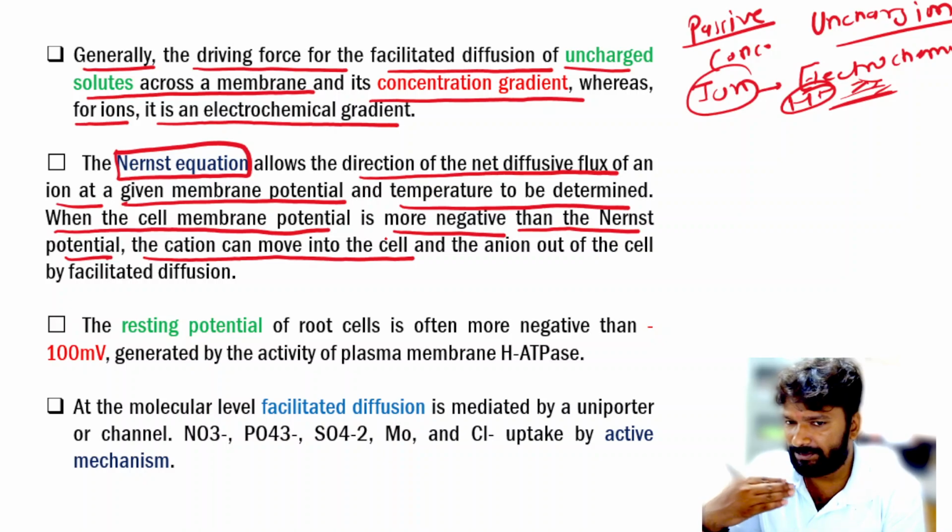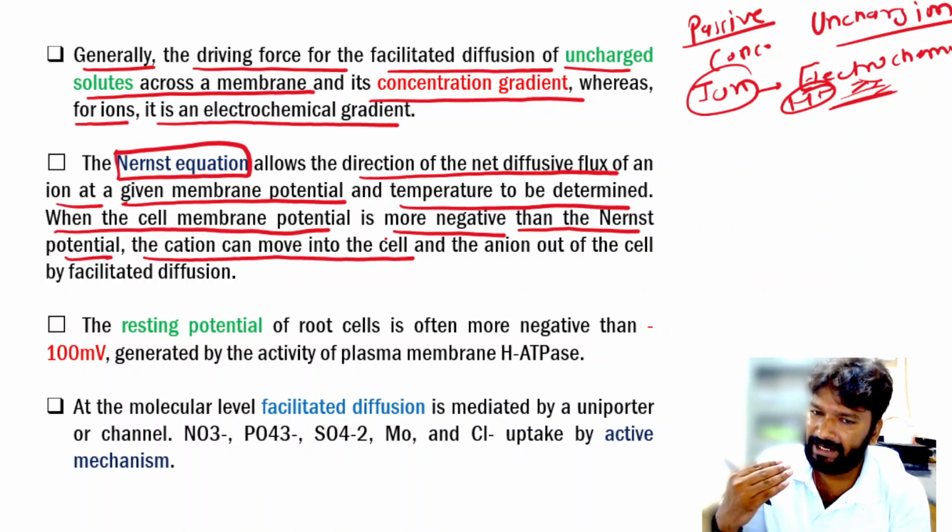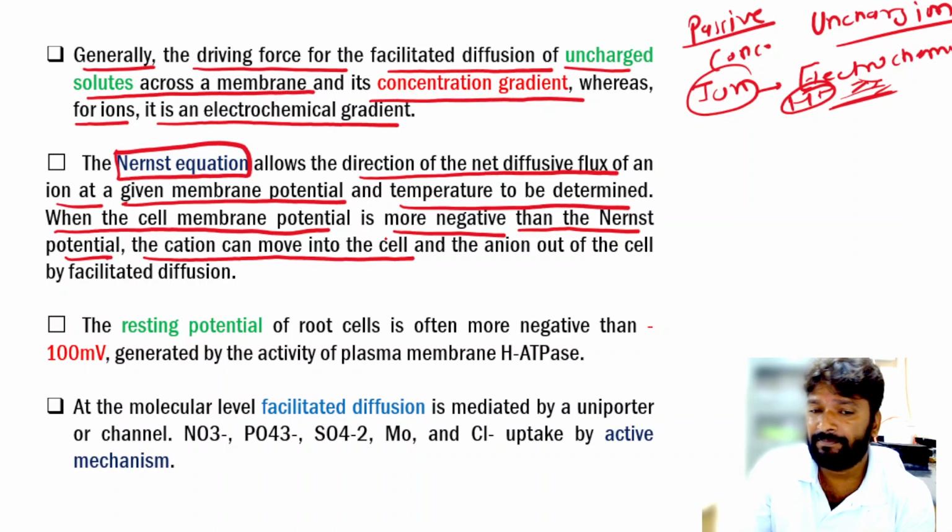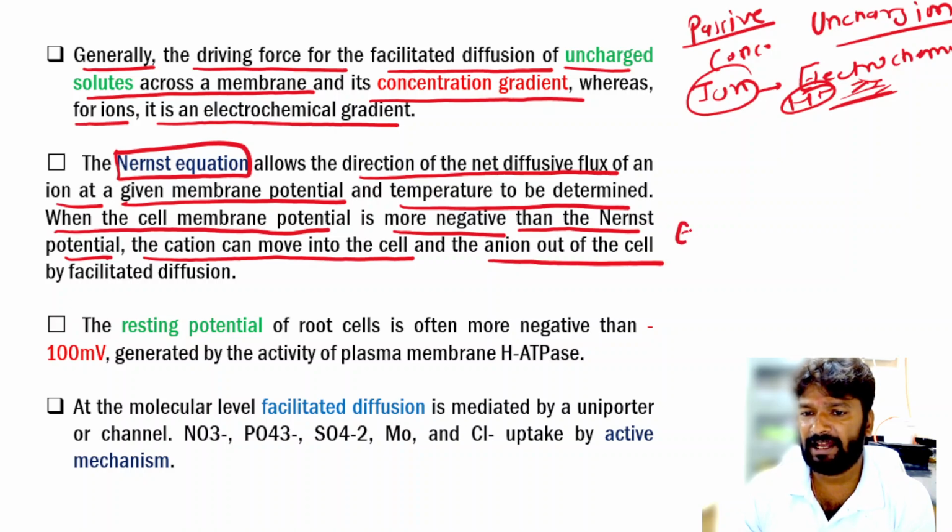Means जब आपका negative charge ज्यादा है, when the negative force is more, then there will be a movement of cation inside the cells, or anion outside the cells by the efflux or the influx.